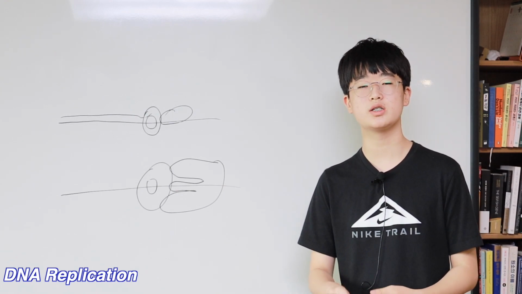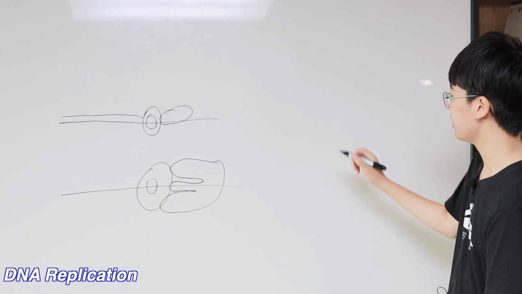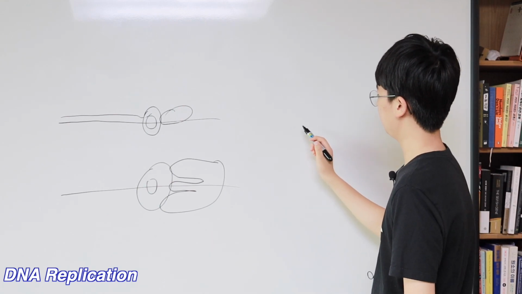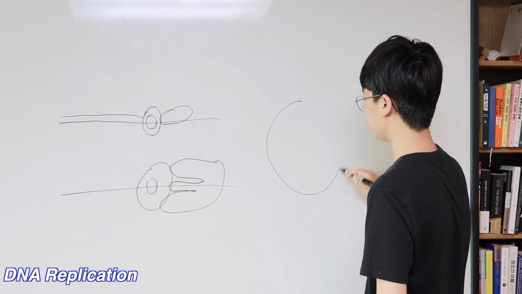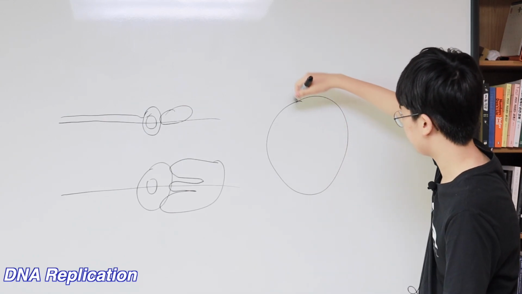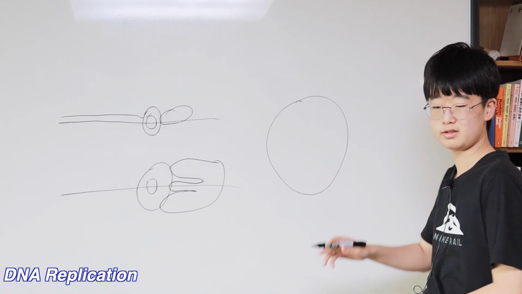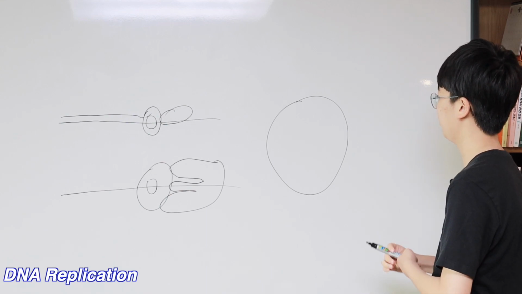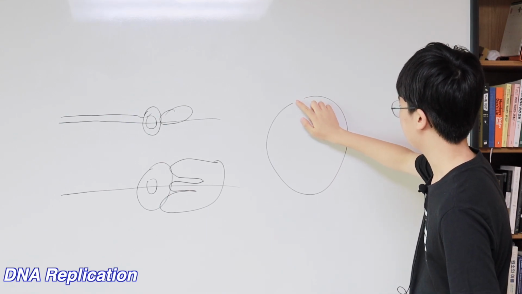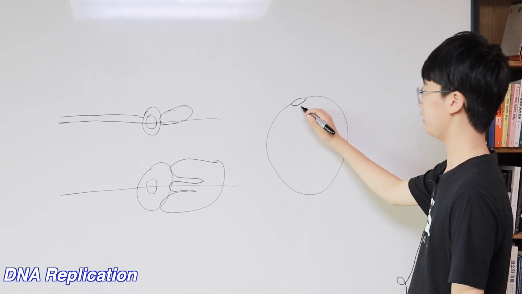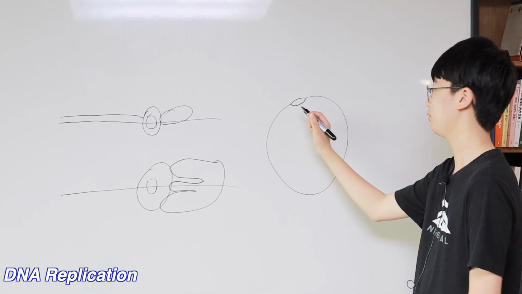What topoisomerases do is, well, if this is the DNA, I would have to draw the swivels and stuff, but it takes too much time to draw, so let's just say this is the replication fork.